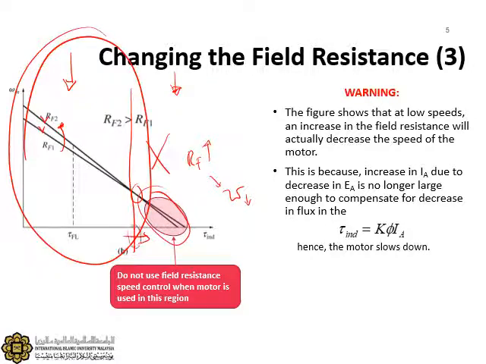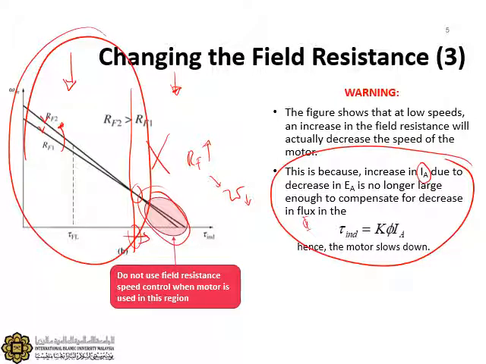Okay, yeah, so this is something we need to watch out for when we use this technique. Okay, the reason why this is happening is because of this, that you can read from the second bullet point here. This is happening because the increase in IA is no longer large enough to compensate for the decrease in the flux. Yeah.